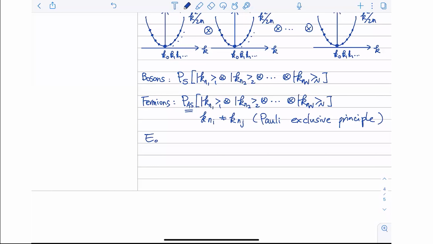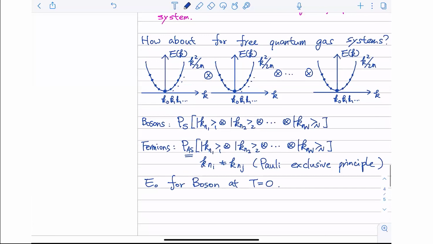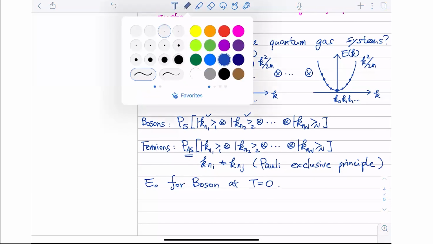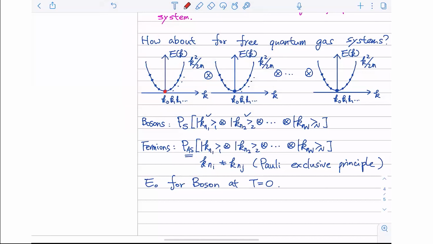If we are at the zero temperature limit, that means we don't care about the entropy, and we only care about minimizing the energy. We can ask, what is the ground state energy? And the ground state energy for bosons at T equal to 0, to some extent is trivial, because for bosons, there's no restriction about how to choose this k. So we can always choose k such that the individual energy is minimized.